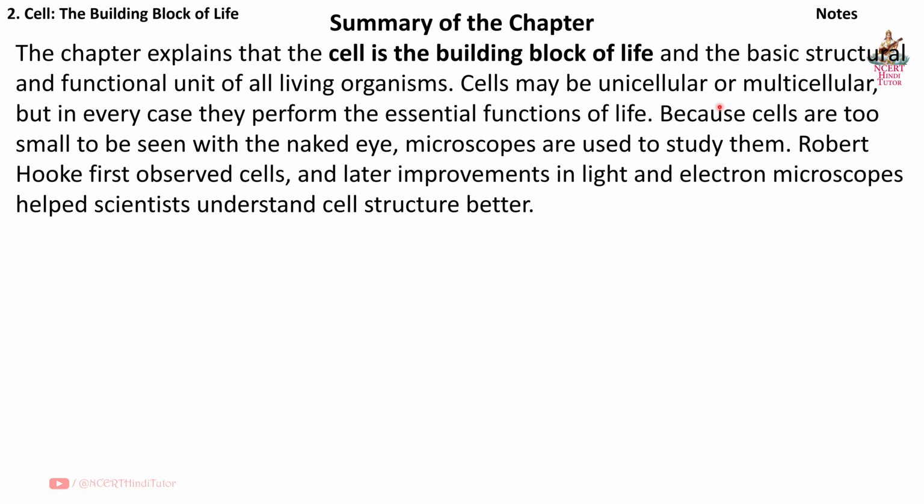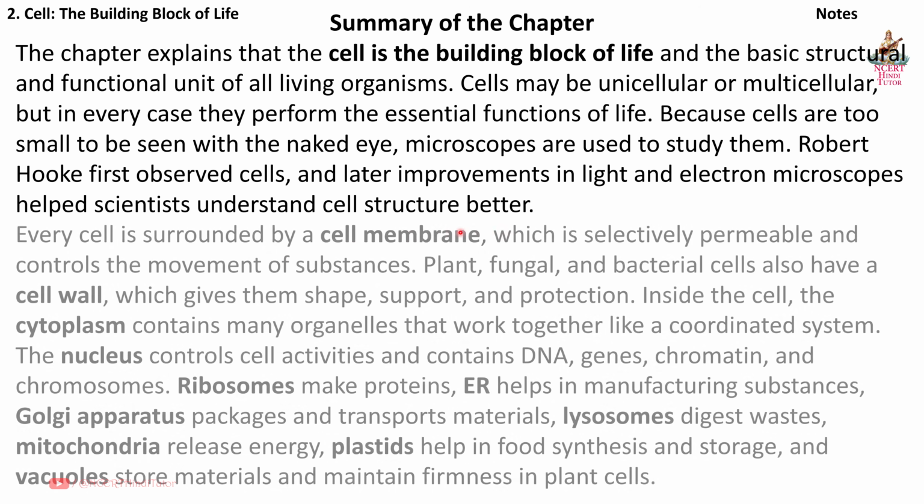Cells may be unicellular or multicellular, but in every case they perform the essential functions of life. Because cells are too small to be seen with the naked eye, microscopes are used to study them. Robert Hooke first observed cells, and later improvements in light and electron microscopes helped scientists understand cell structure better.